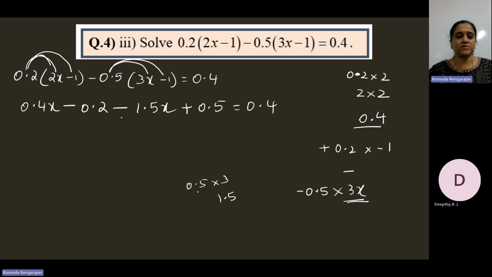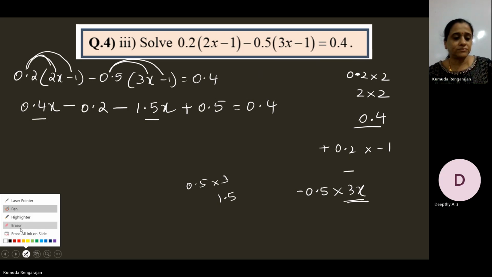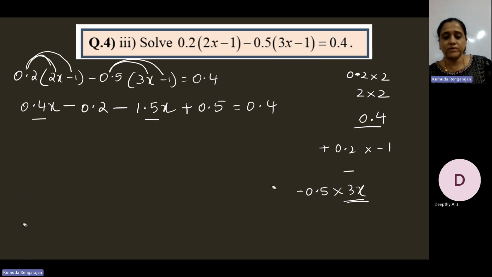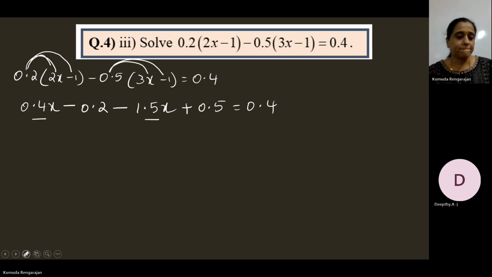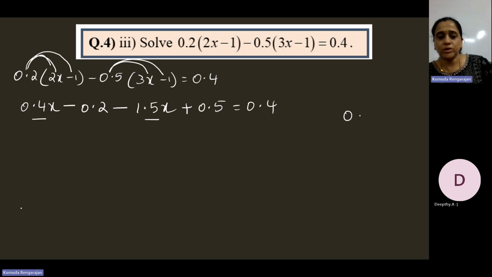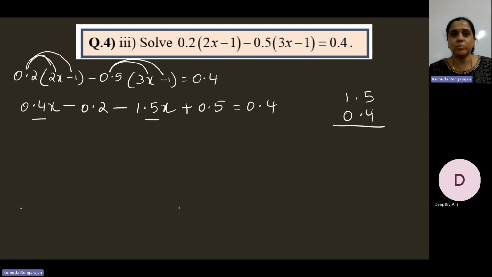Now, simplify the like terms. 0.4x and minus 1.5x. 1.5 and 0.4. Now they have different signs. Minus 1.5 plus 0.4, correct?